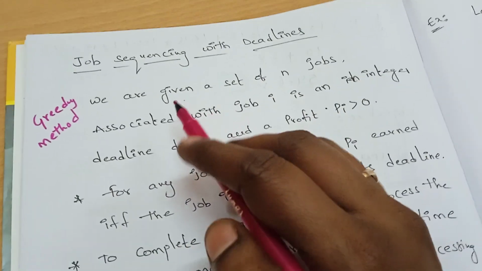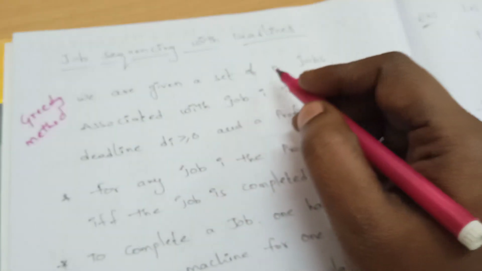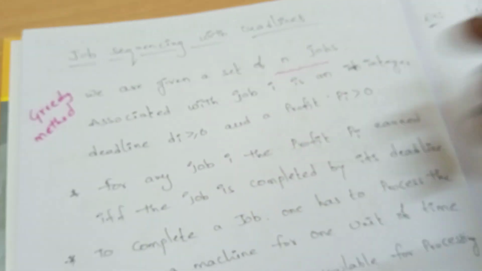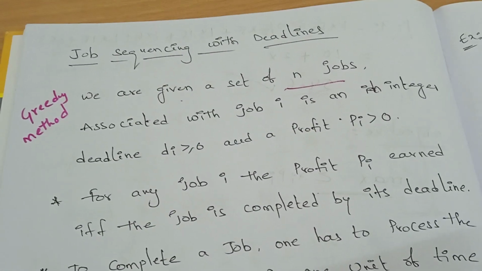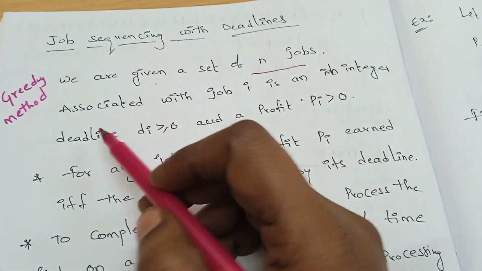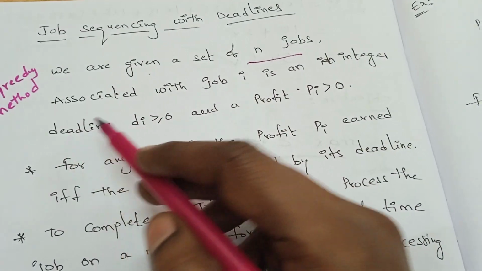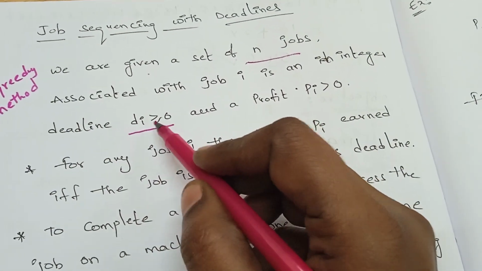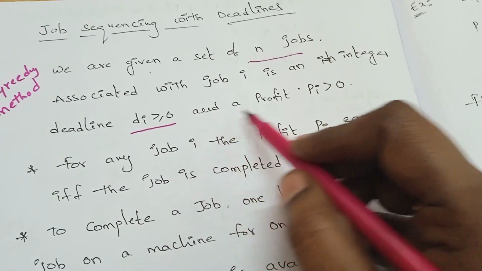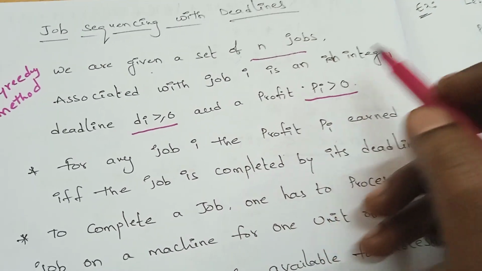Now let's see. We will be given some set of jobs. Associated with job i is an integer deadline di greater than or equal to 0 and a profit pi greater than 0.